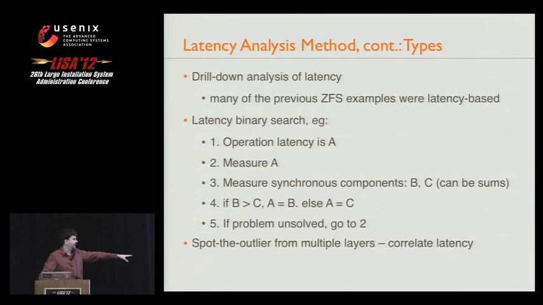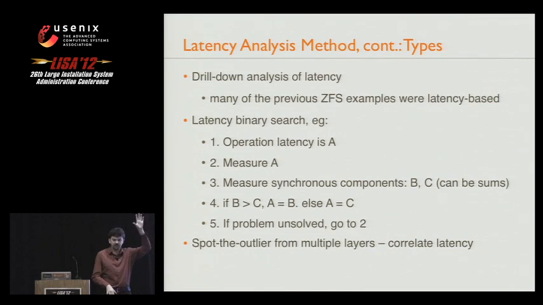Another approach is spot the outlier from multiple layers. If I can measure latency at multiple layers, and the thing that is the performance problem is sometimes I have a 1,500 millisecond I/O. It's like, okay, 1,500 milliseconds. It's nice that it's between 1,000 and 2,000.